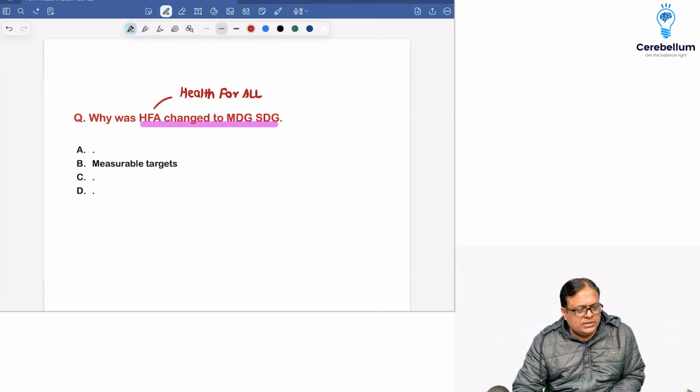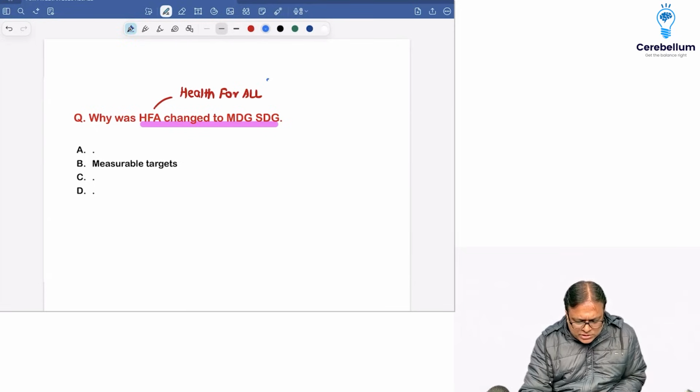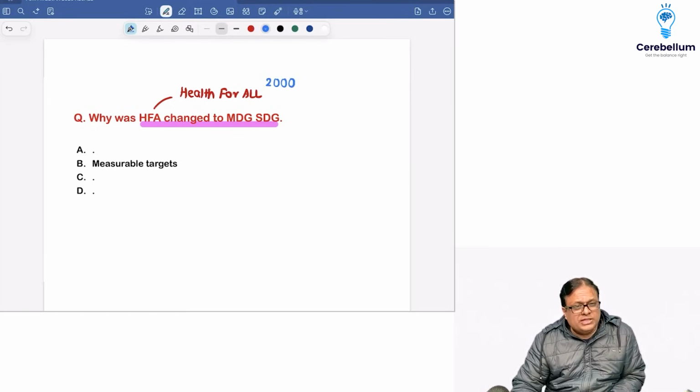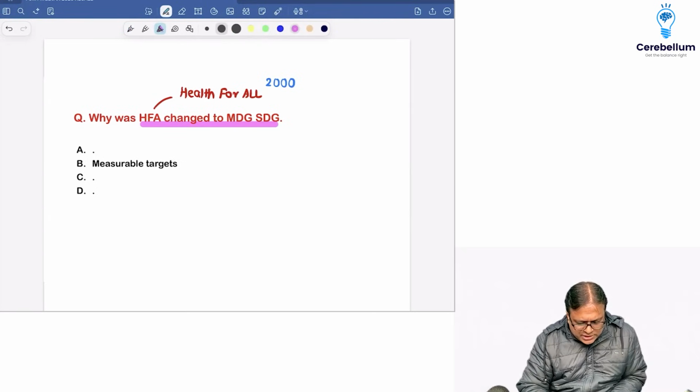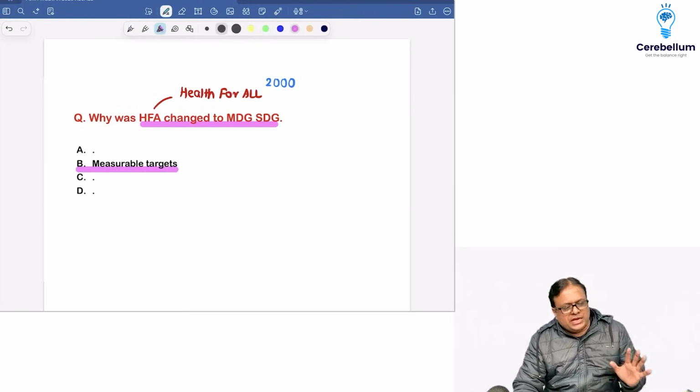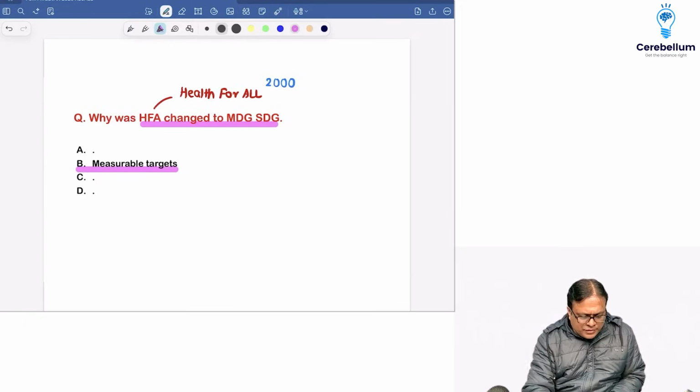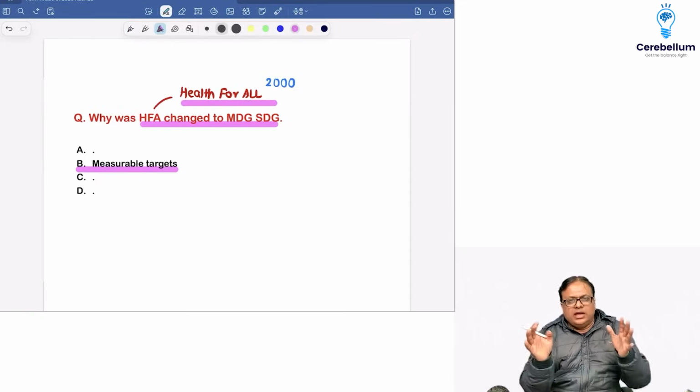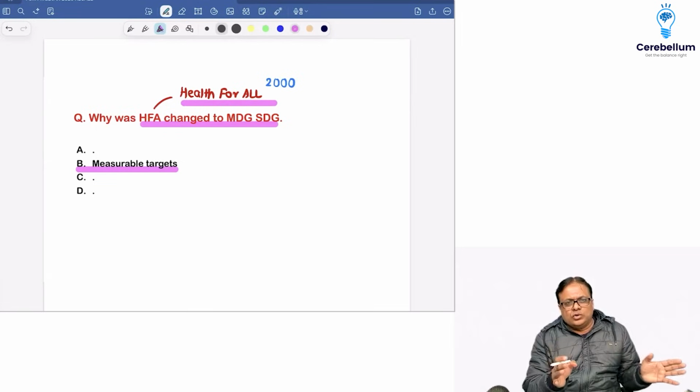Okay, there was a question on this also. See, health for all was for the year 2000. Can you help me with the choices? Because students are not able to tell me the choices. I presume if any choice was like measurable targets, that will become a better answer. Why? Because health for all was a very broad goal: everyone should be healthy by 2000.